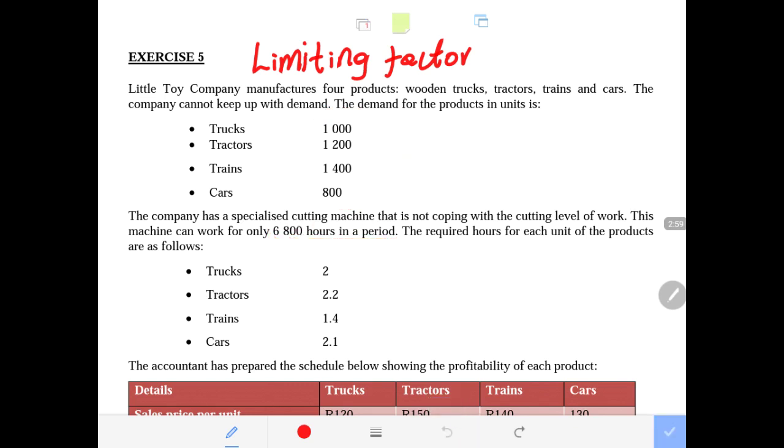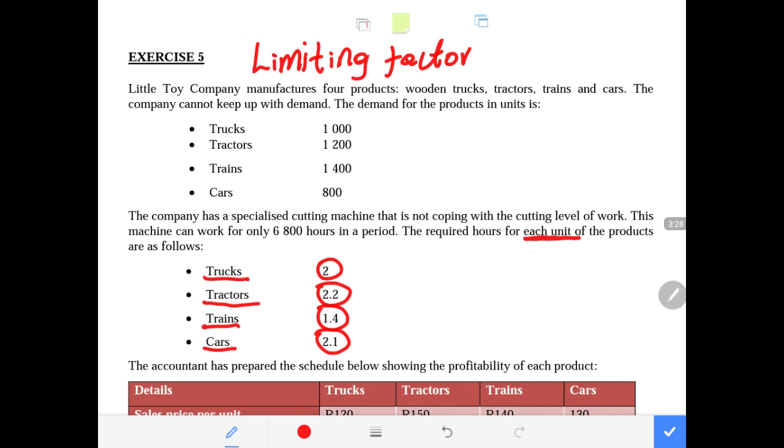The required hours for each unit of the products are as follows, meaning the hours required to complete 1 unit. It takes 2 hours to complete 1 unit of a truck, 2.2 hours for a tractor, 1.4 hours for a train, and 2.1 hours for a car.